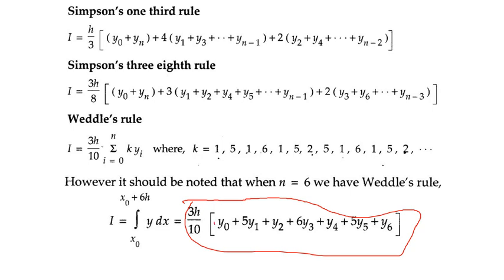See here, what is the coefficient? 1, 5, 1, 6, 1, 5, 1. See how it is? 1, 5, 1, 6, 1, 5, 1. So in this way you can remember Weddle's rule formula.